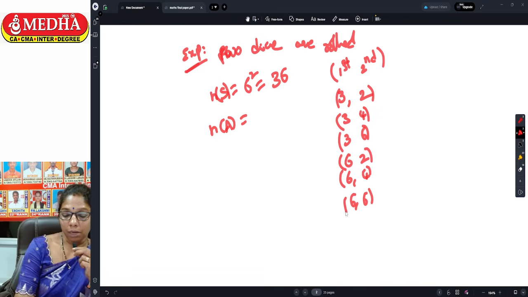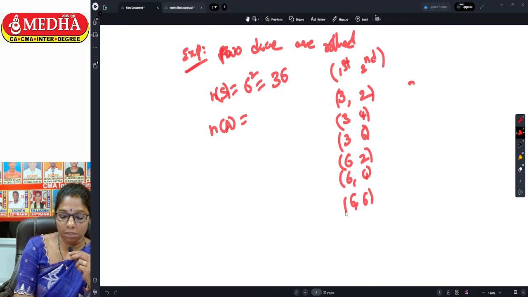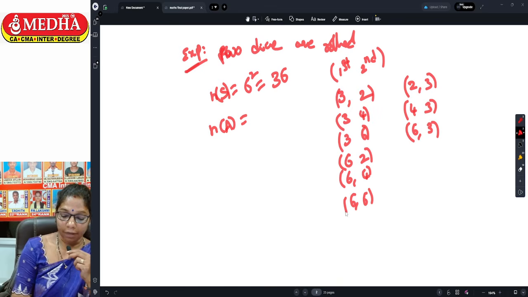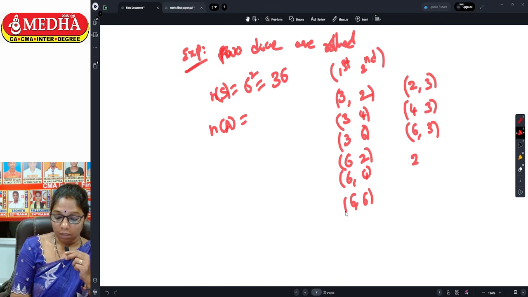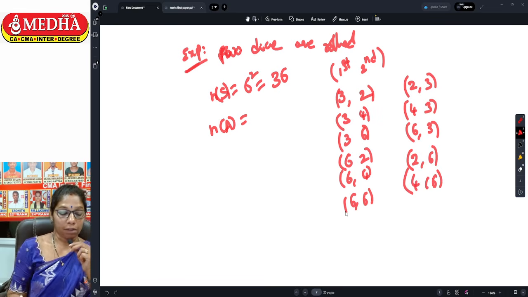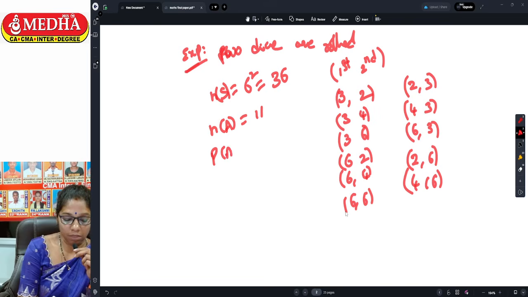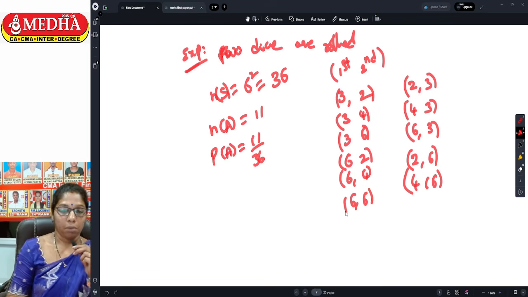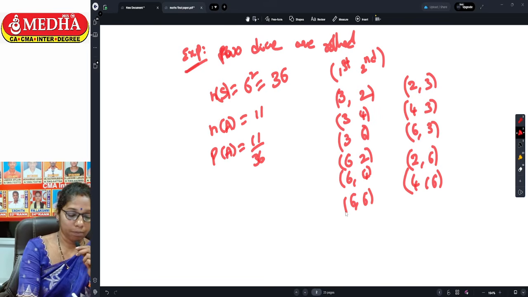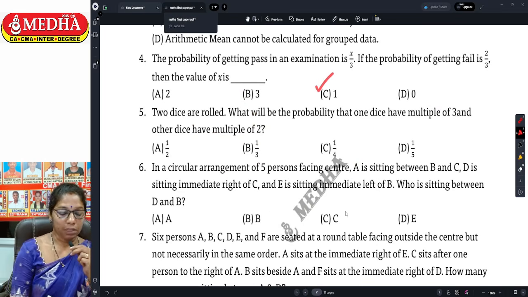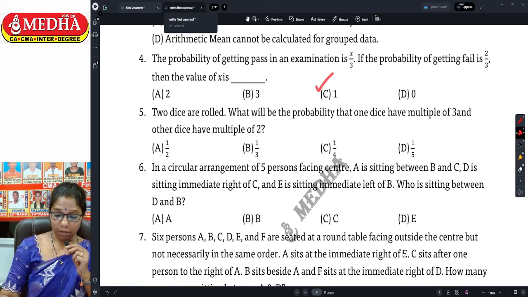And next multiple of 2 and multiple of 3: 2,3; 4,3; 6,3; and next 2,6; 4,6. So the favorable cases are 11. Then P of A is equal to 11 by 36. 11 by 36 is not in the options, so this is wrong. We can get grace marks. Next question.